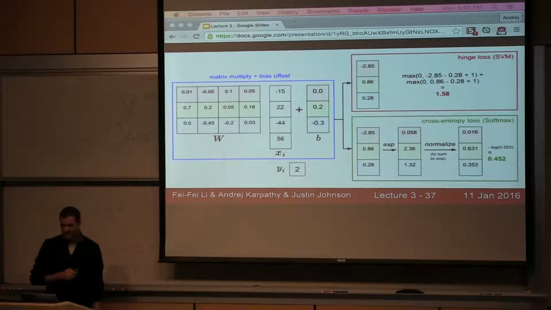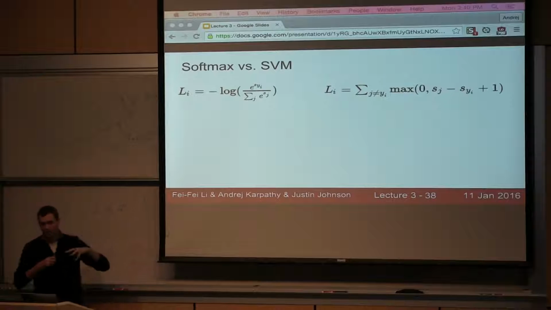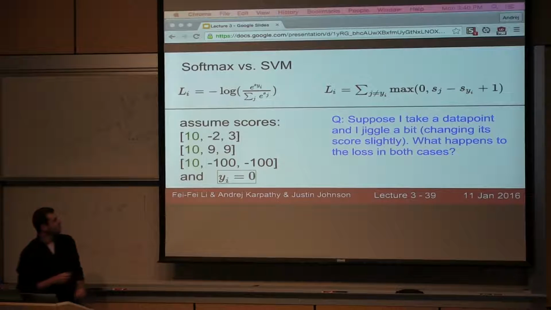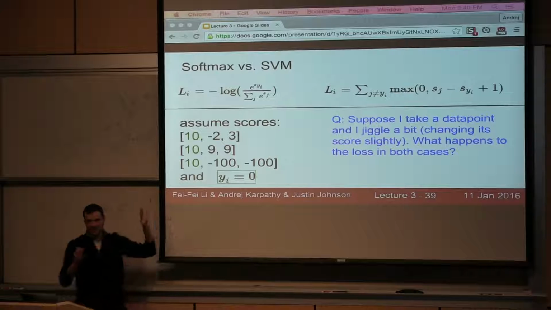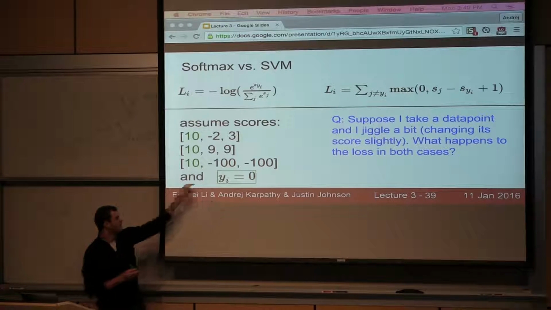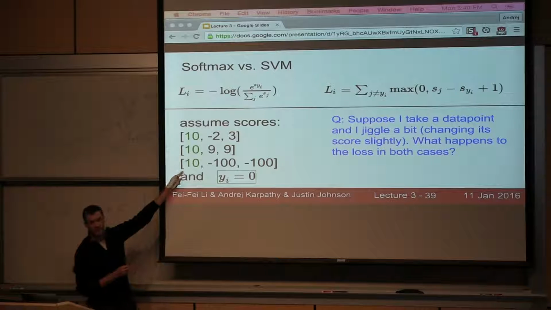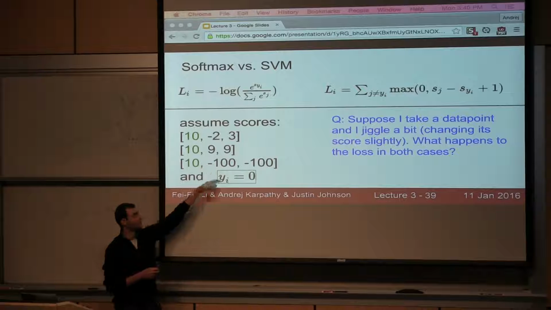OK, cool. Let's look at some interpretations of these two and exactly how they differ. So softmax versus SVM, and trying to give you an idea about one property that is quite different between the two. They have these two different functional forms. Now assume that we have these three examples, and suppose there are three classes. These are the scores of these examples, and for every one of these examples, the first class here is the correct class. So 10 is the correct class score, and the other scores are these.